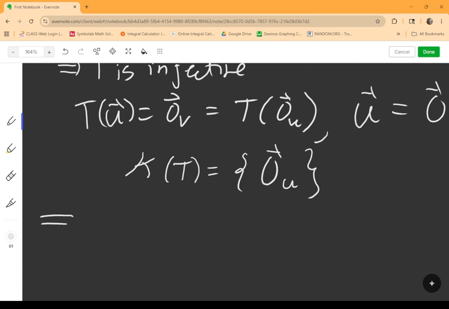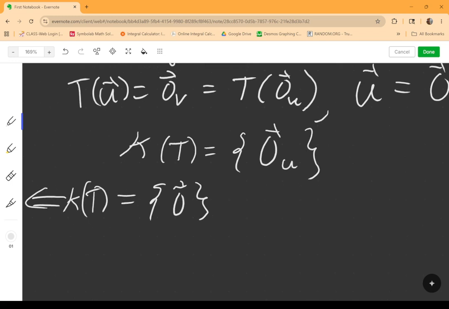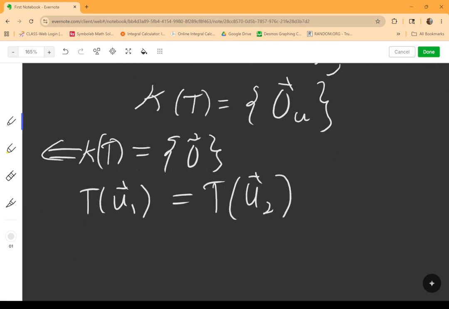Now in the other direction, let's say the kernel of T is trivial. So we assume this. Let's do our proof here, and let's say that T of u1 did equal T of u2.